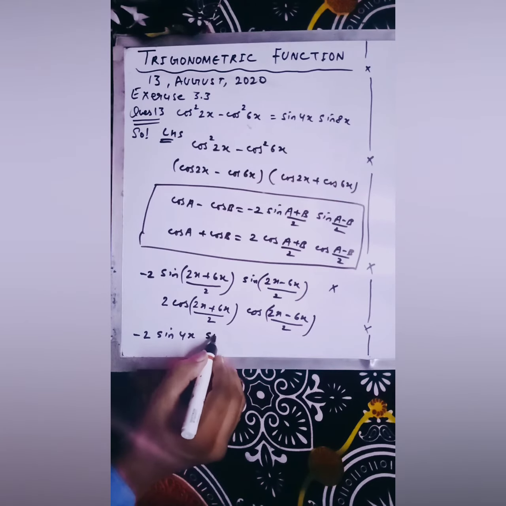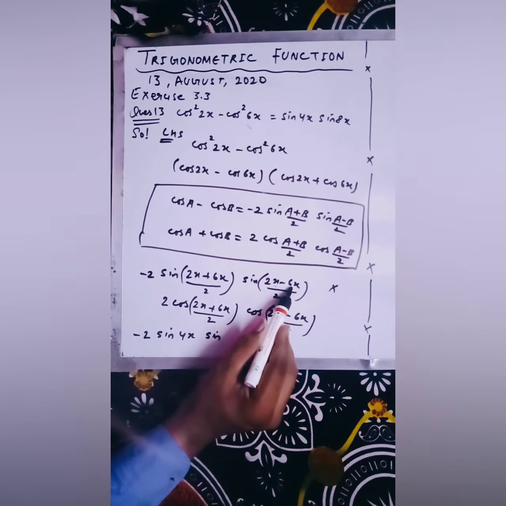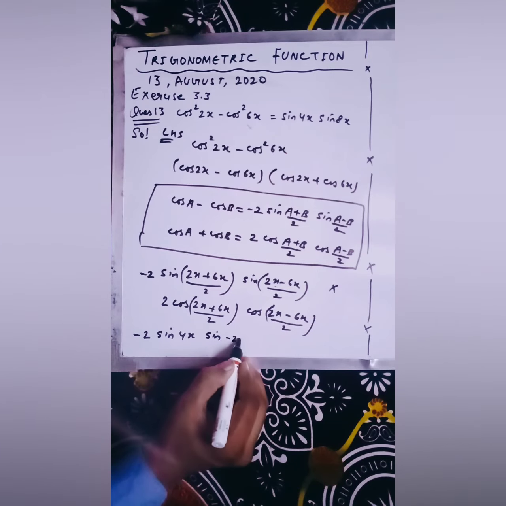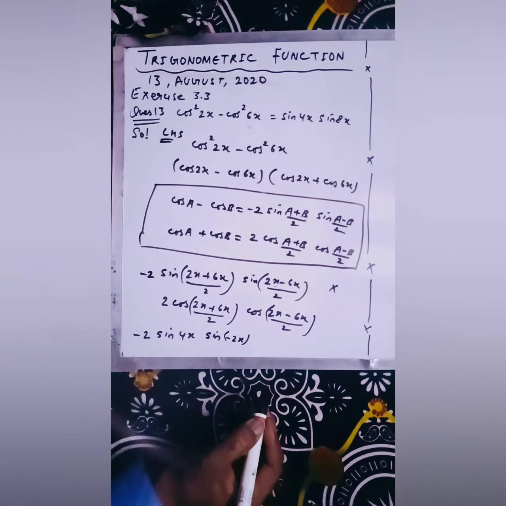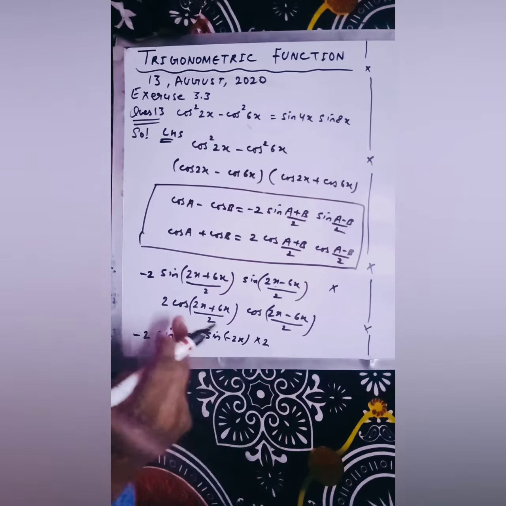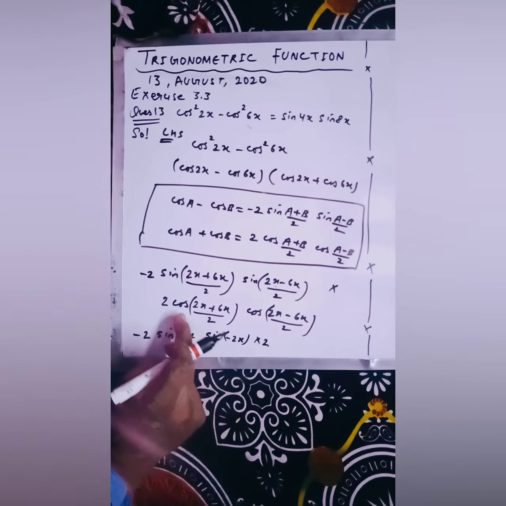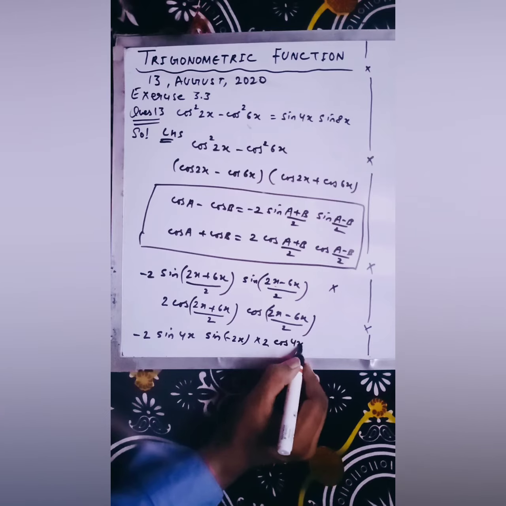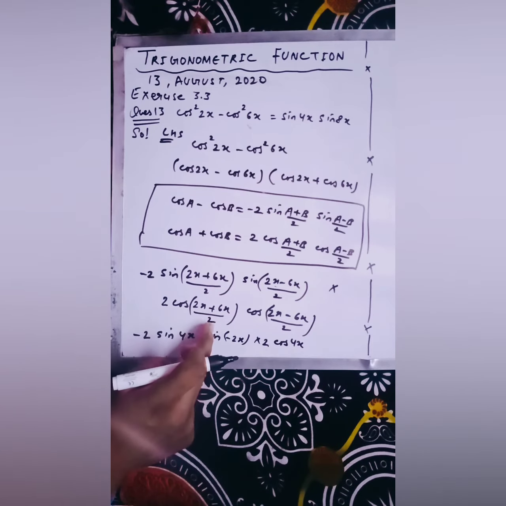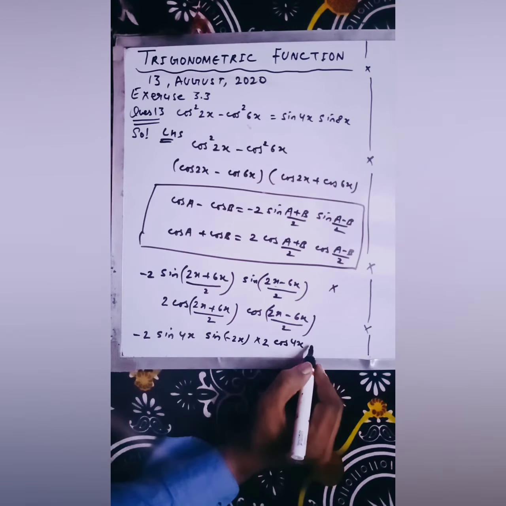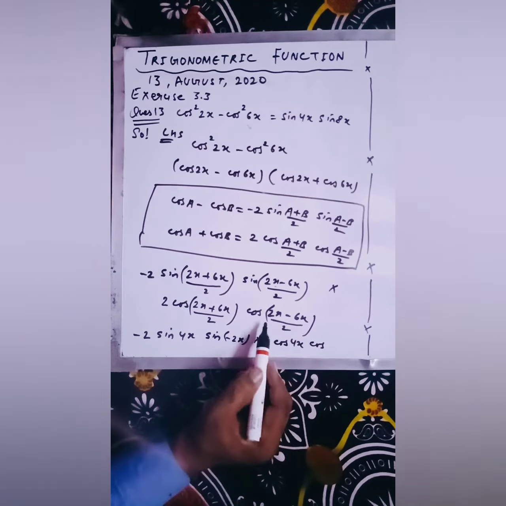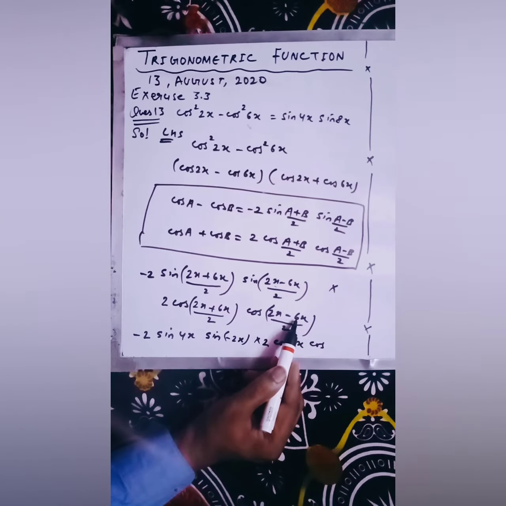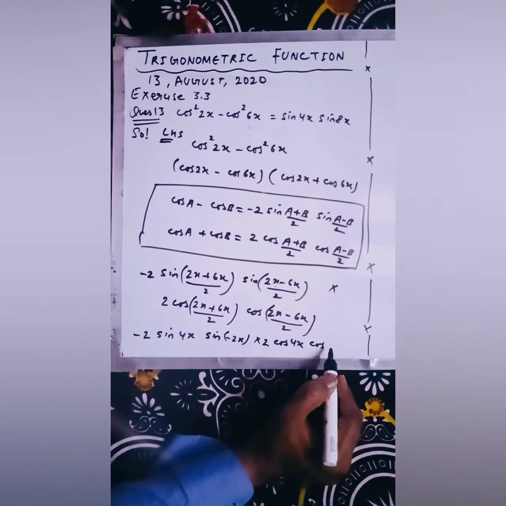Then sine of minus 4x upon 2, that would be minus 2x, into 2 cos 4x, because 2x plus 6x over 2 is 8x, 8x upon 2 is 4x. Then cos of 2x minus 6x, that is minus 4x upon 2, that would be minus 2x.